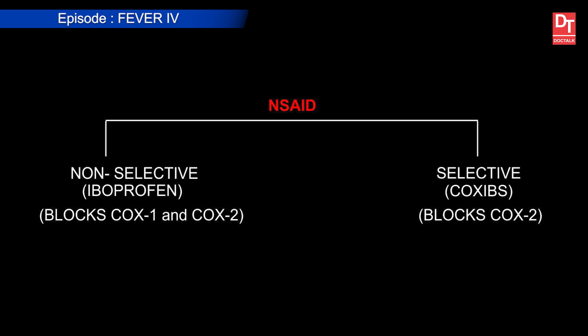And if we use selective NSAIDs like any type of coxib, celecoxib, etoricoxib, any coxib, they block usually COX2.